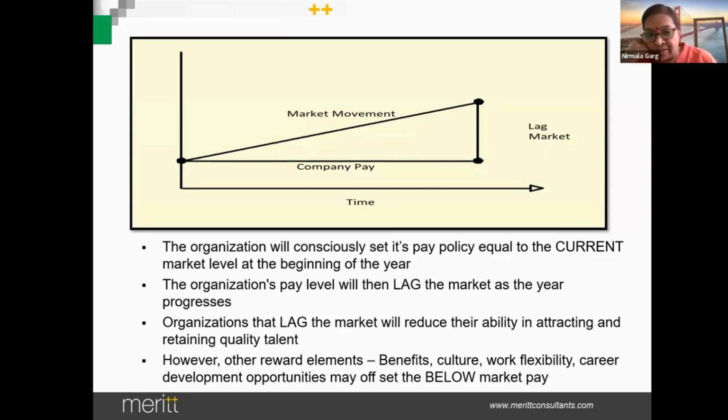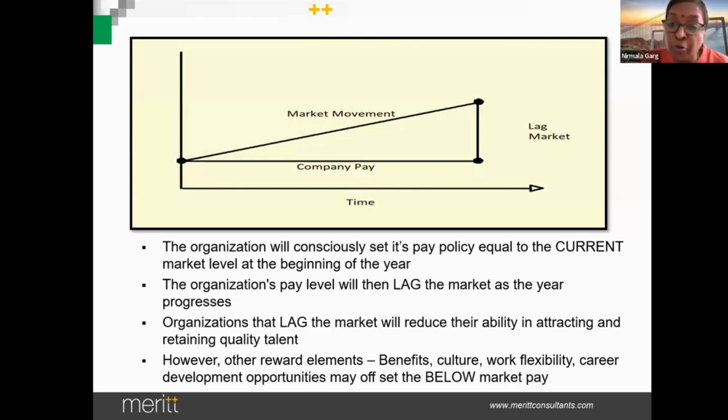Depending on the availability of talent, the supply and demand, like say, for example, facilities, HR, finance, where the availability is good, supply is good, and the demand is not much, I might say I want to be on par, or maybe less than the market.